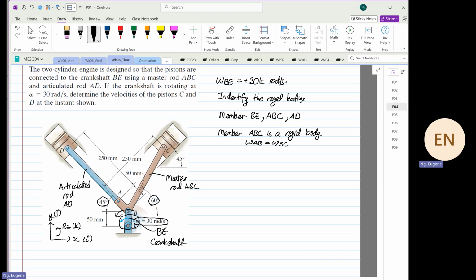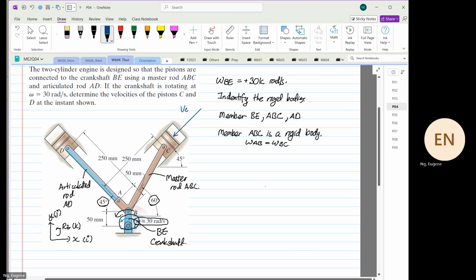Is C going diagonally upwards or diagonally downwards? Downwards? Okay. So we are going to assume this will be moving downwards. So this is our VC.